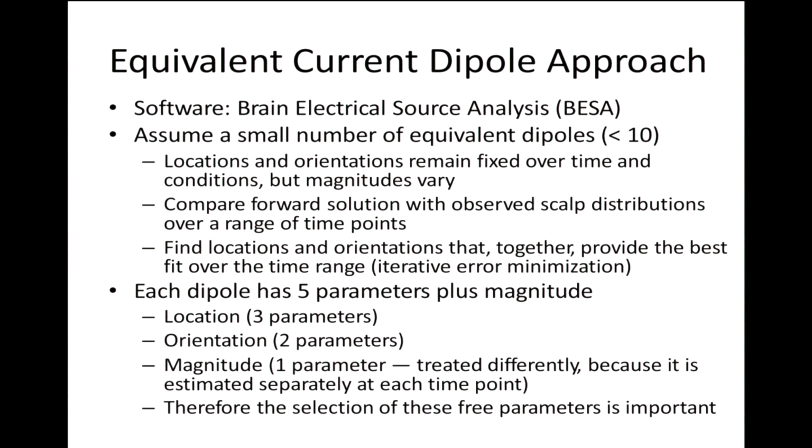You start somewhere, you find a prediction error based on the forward model, and then you start playing around, and your iteration stops once you do not achieve any better approximation. Once you stop there, that is the estimated locations and orientations of the dipoles.